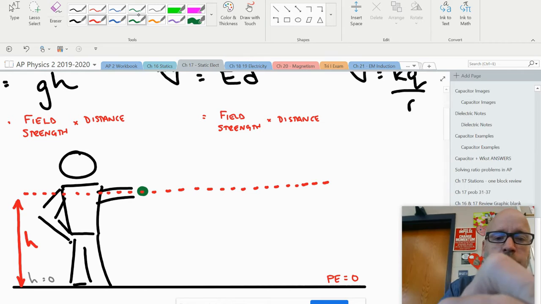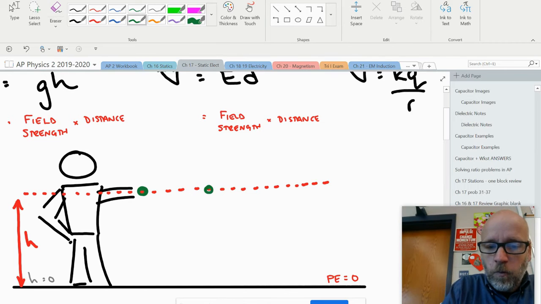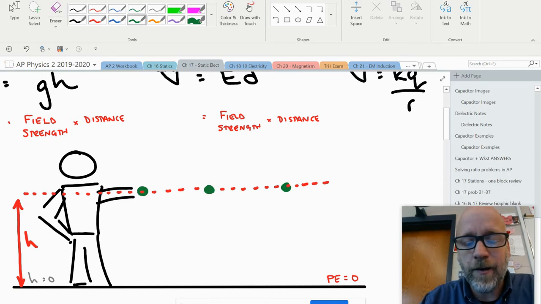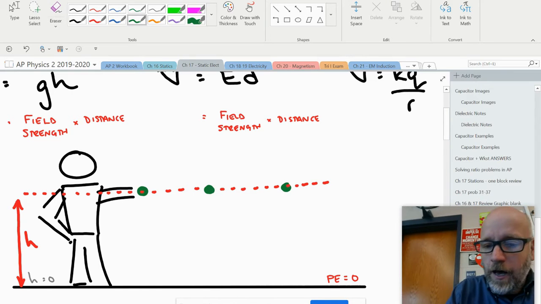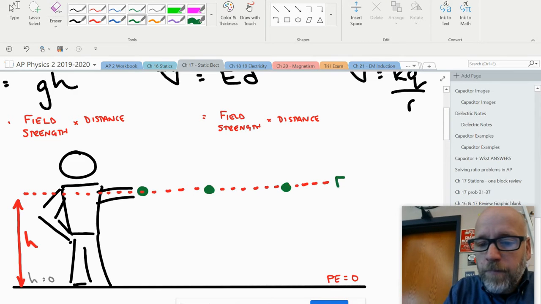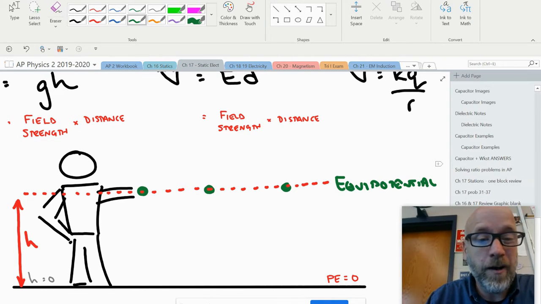If I place that green sphere in position 1, position 2, or position 3, it doesn't matter. Along this line, we would have equipotential.